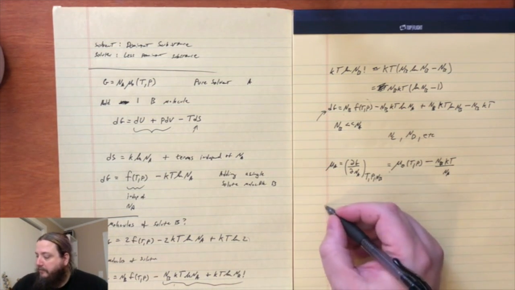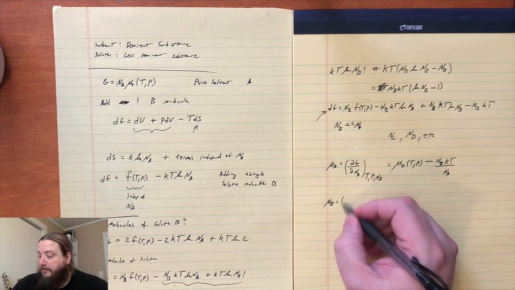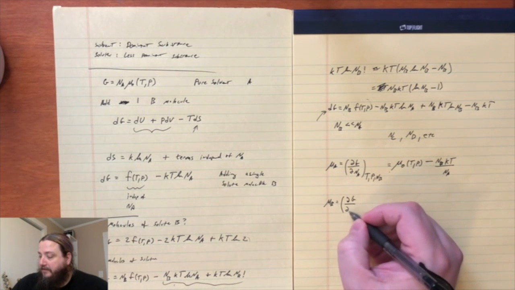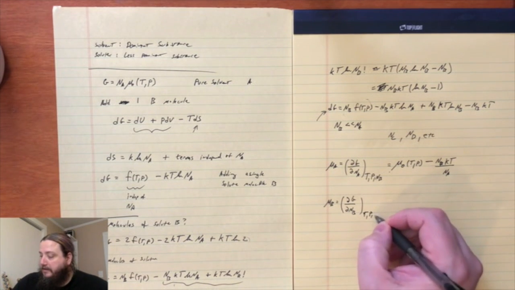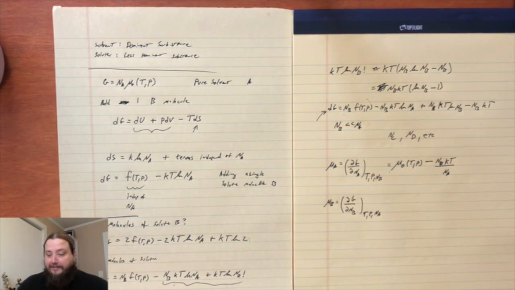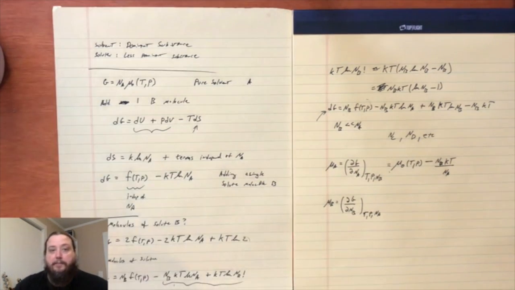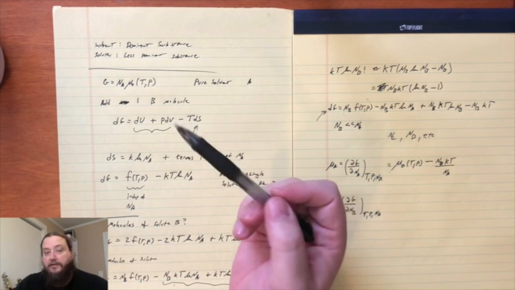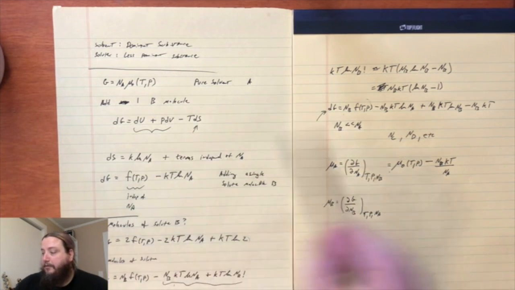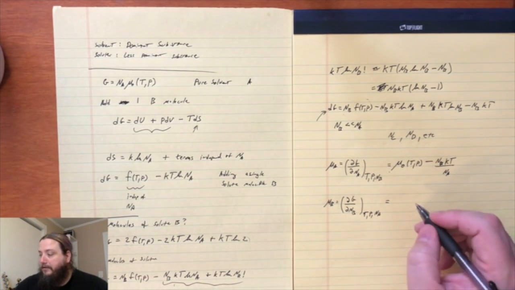If we do the same for the chemical potential of our solutes, again dG, this time in terms of NB, holding temperature, pressure, and the amount of solvent constant, there isn't any explicit B dependence in the original pure solvent Gibbs free energy, obviously. So it's just in here that we get our explicit dependence on the number of B molecules.